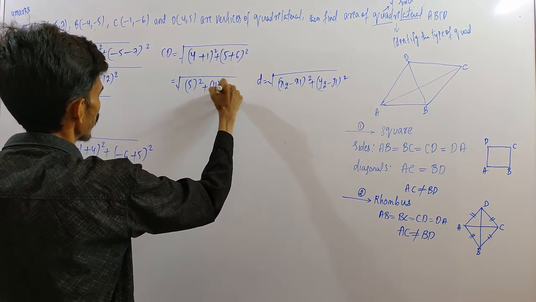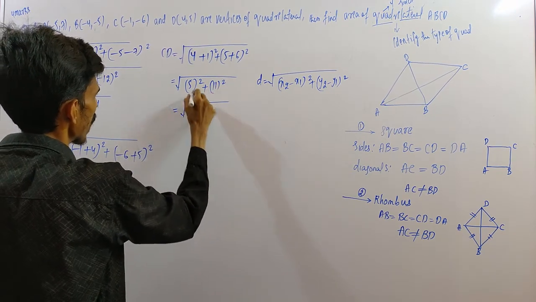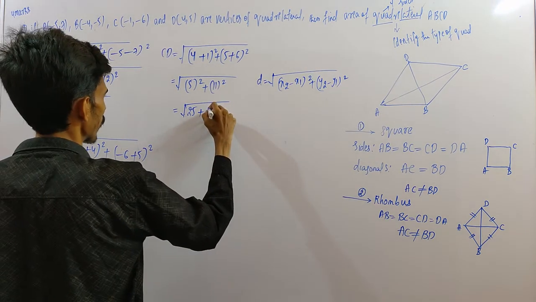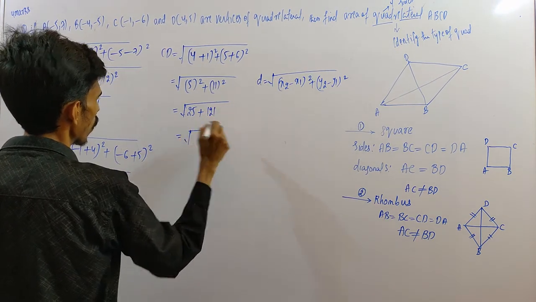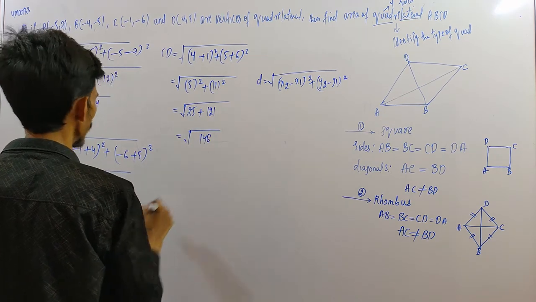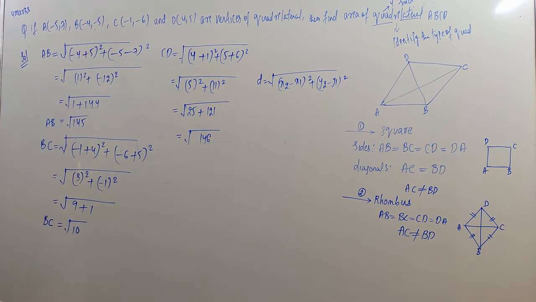This will become 11 square. So we have 25 plus 11 square is 121. So if we add these two, we will have 146.